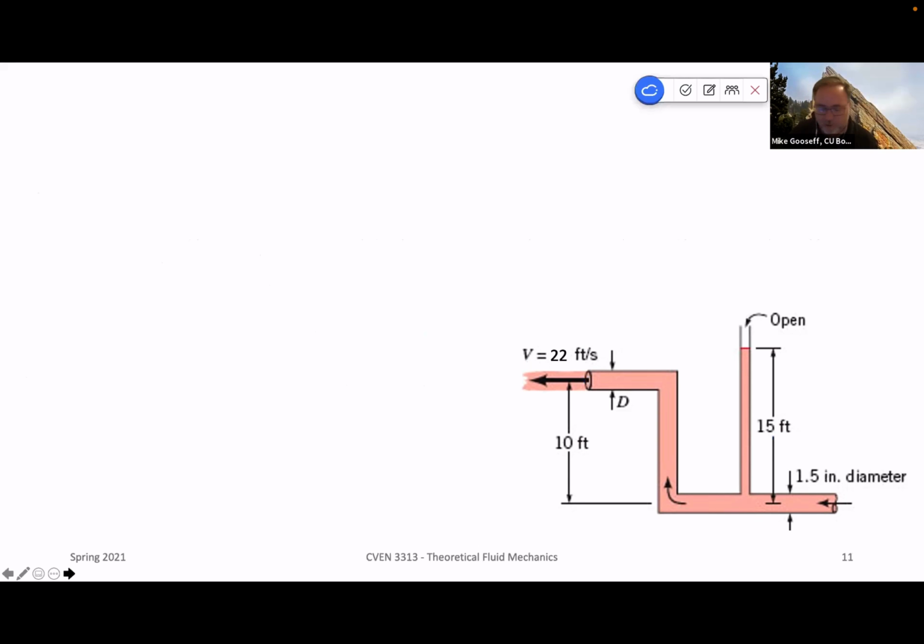Okay, so let me rewrite this now with the things that are left. So we've got P1 over gamma plus V1 squared over 2g is equal to V2 squared over 2g plus Z2. One thing I just want to point out, if we talk about the transformations of energy, look at what we've done.